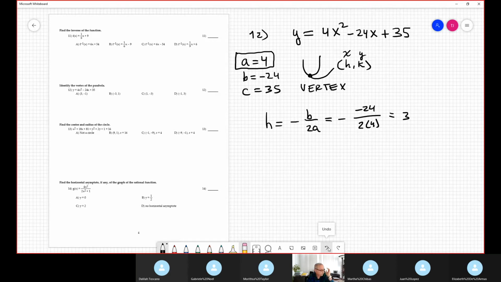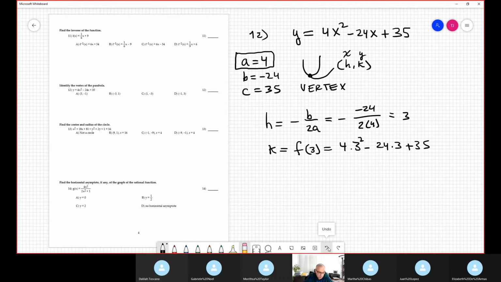Now, wait. Let me try to find the k value. The k value of the vertex is super easy because the only thing you should do is plug it into the original equation. Evaluate at 3. In other words, 4 times 3 squared minus 24 times 3 plus 35.